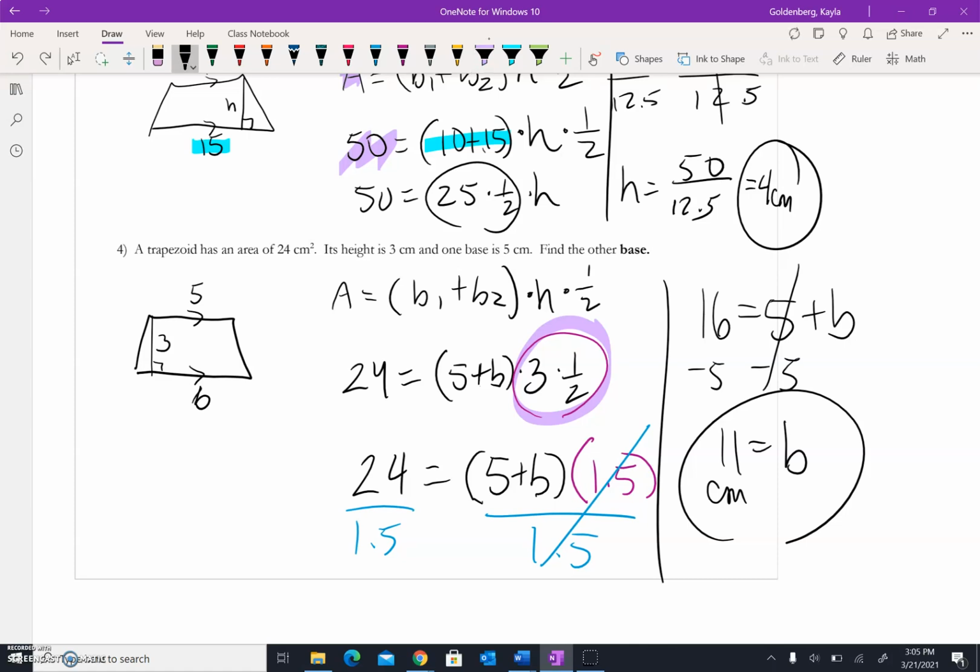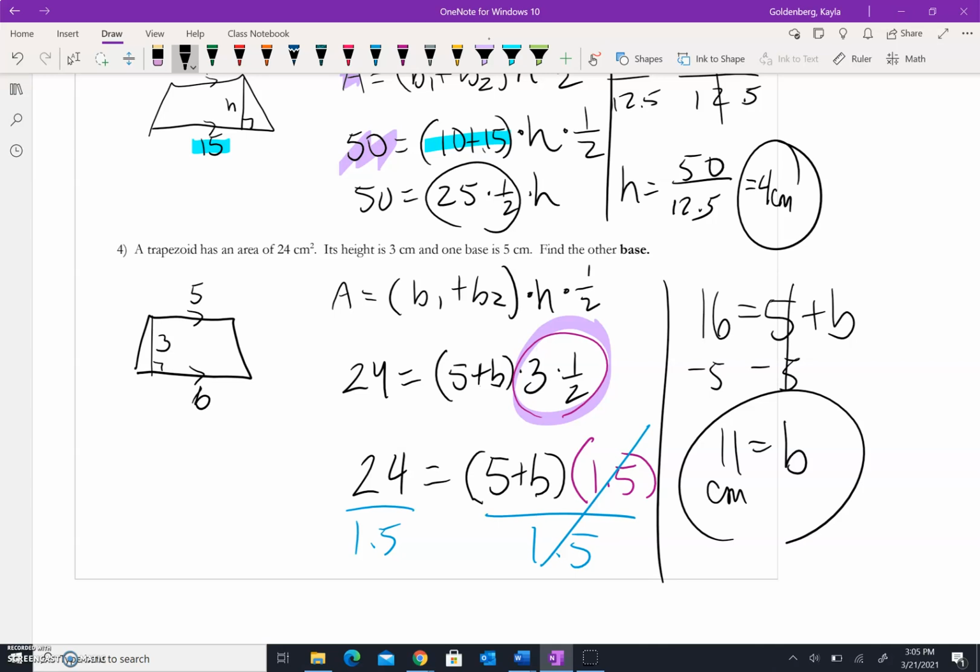That left me what was in parentheses, the 5 plus B, equal to 16. But at this point, because there's nothing else, I don't really need those parentheses. Before, I had to keep them to indicate you had to add those together before multiplying by 1.5, but once I take that away, I don't need the parentheses anymore. And then just undoing the adding 5 by subtracting 5, and you get 11.